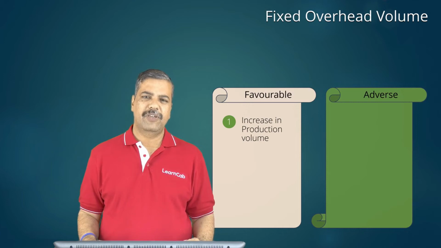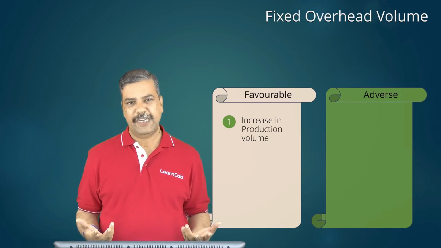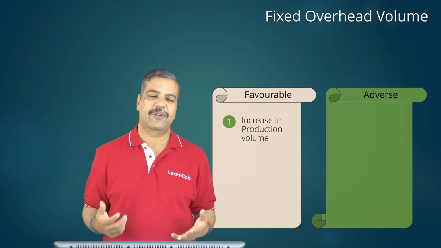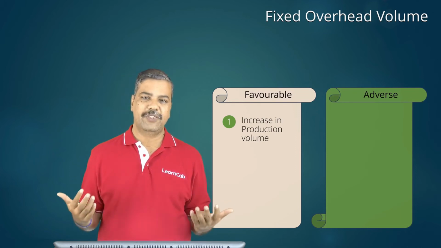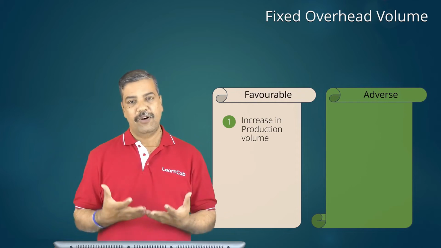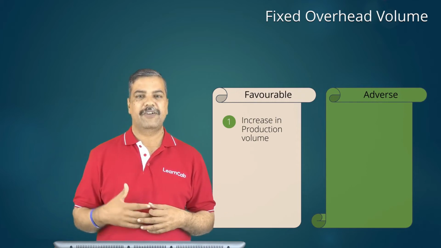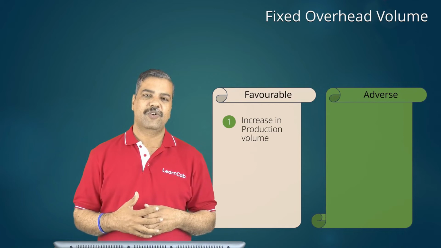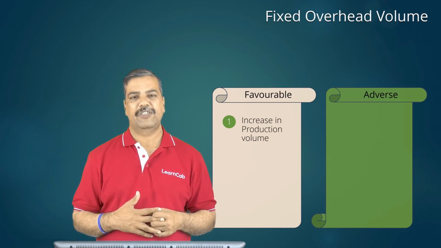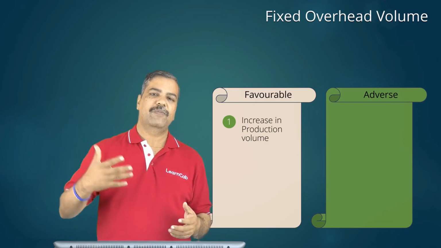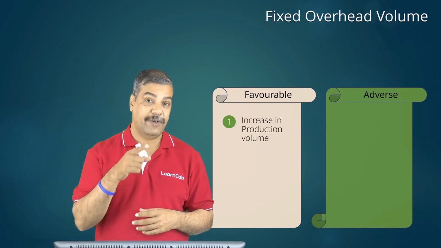Fixed cost needs to be worried about only when you have not manufactured anything, because it's an unnecessary burden to pay that amount even though there was zero manufacturing. But the more units you manufacture, volume increases, which means fixed cost per unit comes down. So the chances of recovering the fixed cost you are incurring go up when you manufacture more and more units. That's why it's a favorable thing.